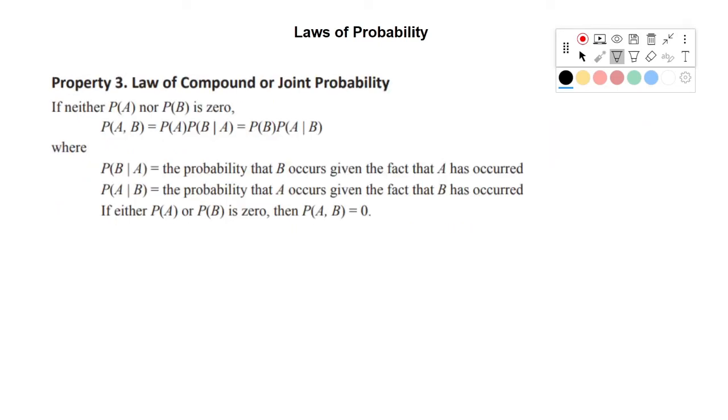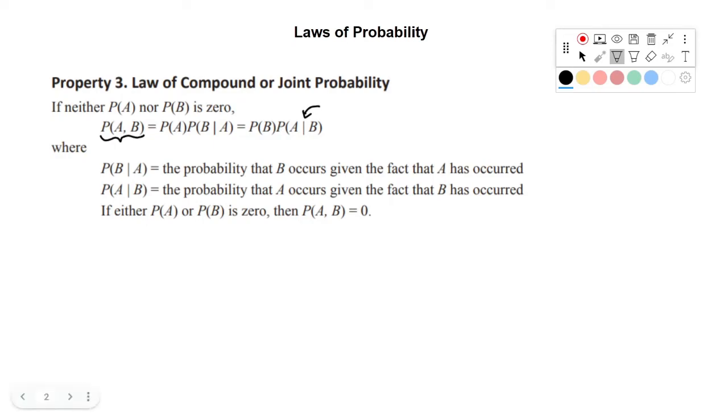And now let's look at the third law, law of compound or joint probability. In the second law, we looked at the either or both case. Here we're going to look at the and case. So probability of A and probability of B. We can see we've added this vertical line here, and this really represents some dependence.